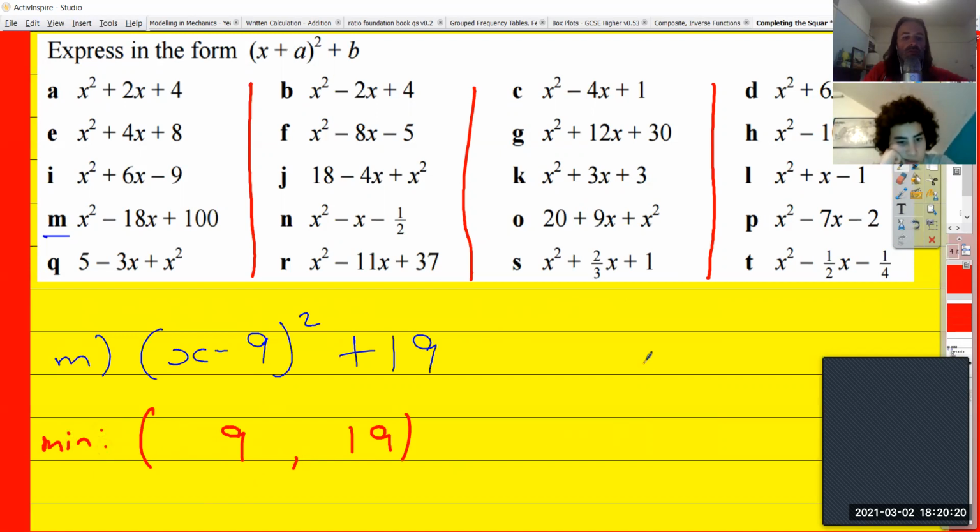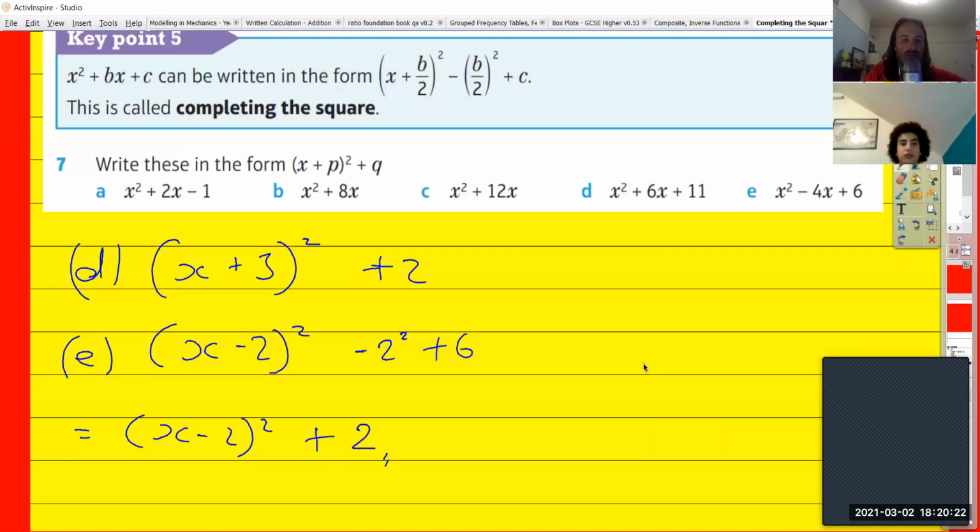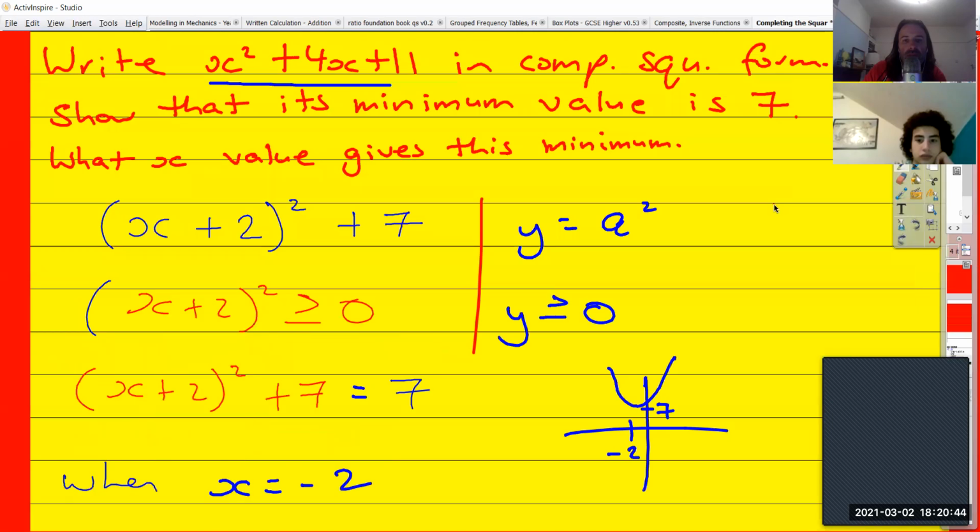Yep. Well done. How about for D up here? y will always be greater than or equal to 2 and x minus 3. That's it. And so the minimum point itself would be at minus 3, 2. And all the y coordinates would have to be 2 or more.